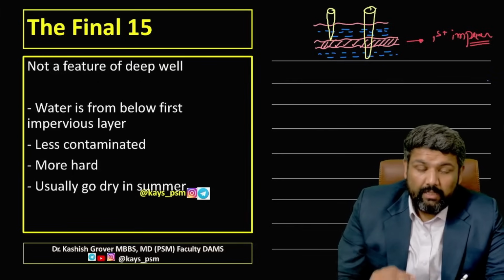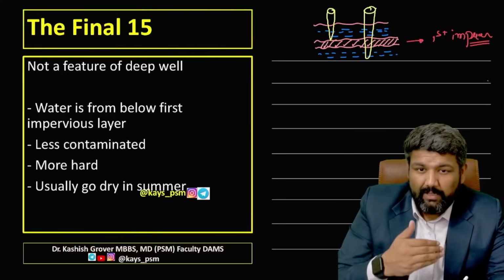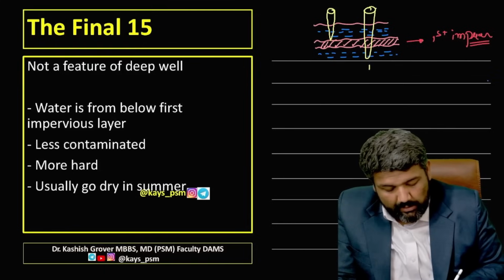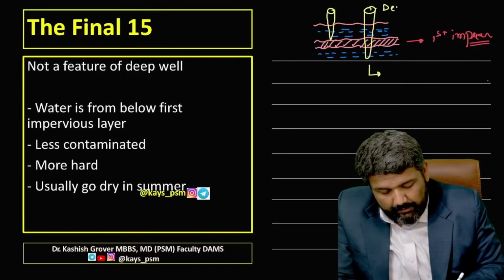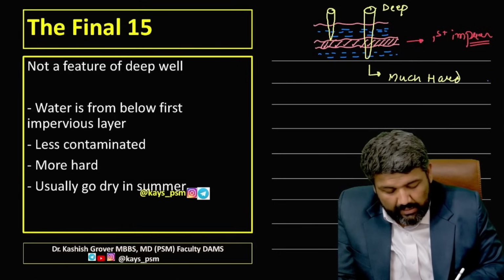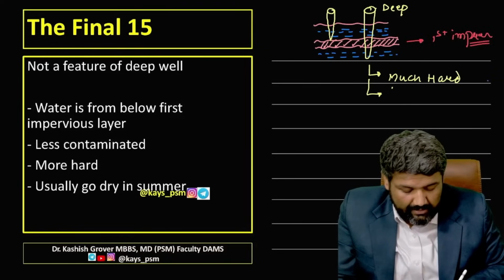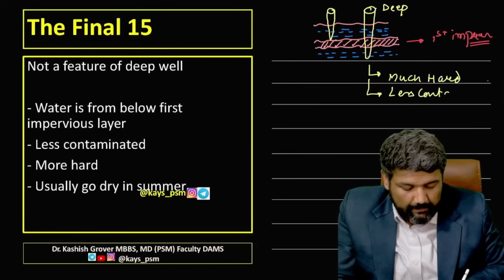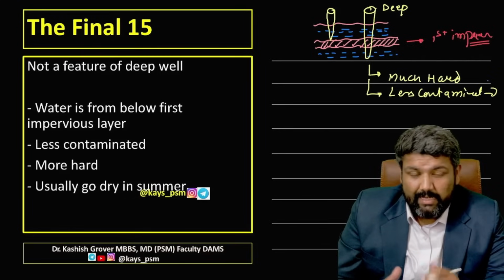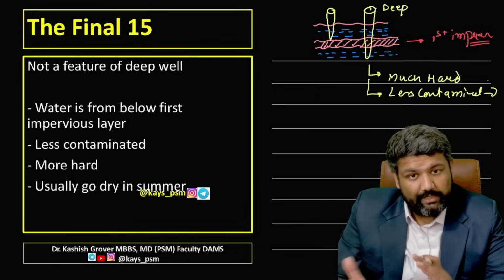When we take water from a deep level, it will be hard water. So this is a deep well, and it will be much harder. Since it is so deep, the chances of contamination are less, so it is less contaminated. Number three, because it is deep, it will not go dry in summers, whereas shallow wells dry up.